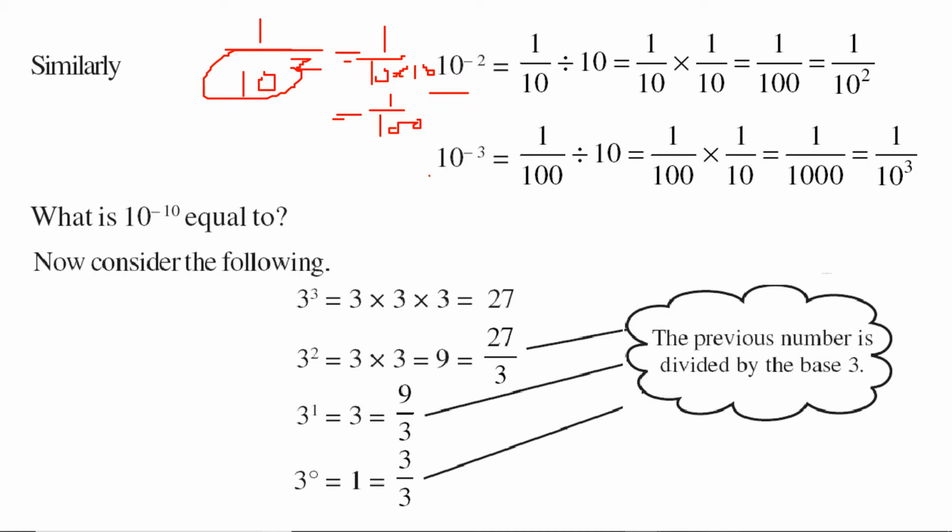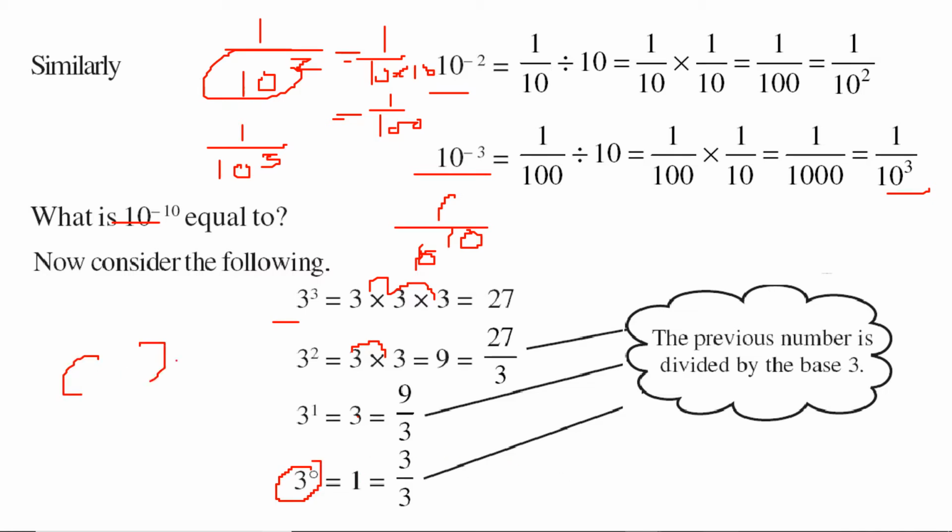Okay. 10 to the power minus 3 is what? 1 by 10 to the power 3, that is 1 by 10 cube. So what is 10 to the power minus 10? So 1 by 10 to the power 10. Just consider 3 cube. This is nothing but 3 into 3 into 3; 3 square is 3 into 3; 3 to the power 1 is 3, and 3 to the power 0 is 1. That is, anything raised to the power 0 is always 1.